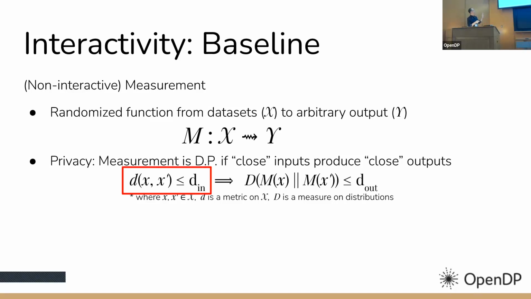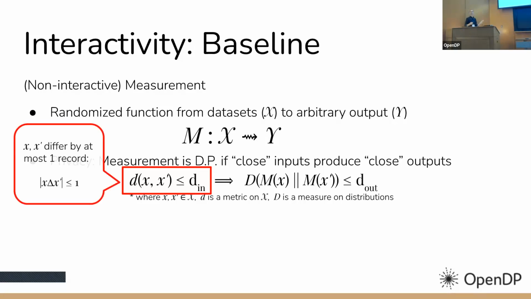On the left-hand side, this is closeness of input. Imagine I have two data sets, X and X prime. If the distance between them is less than some distance that I've stated, then we're going to call that close. In concrete terms, that might be saying these data sets differ by at most one record. Their symmetric difference is less than or equal to one. That would be close inputs.